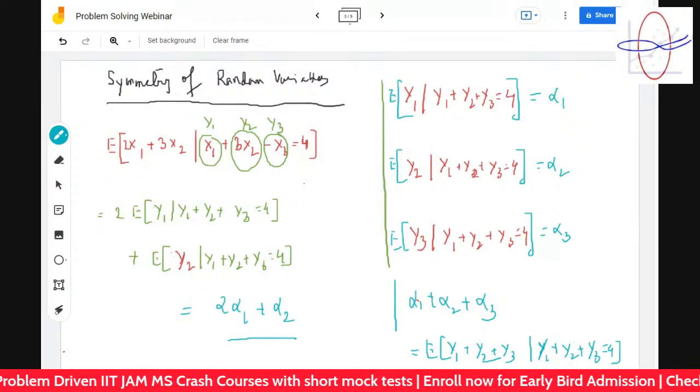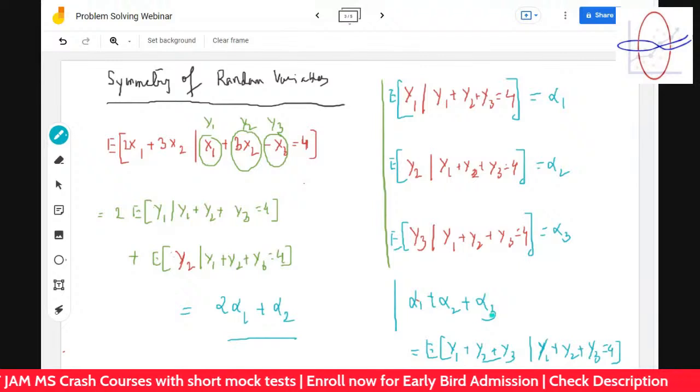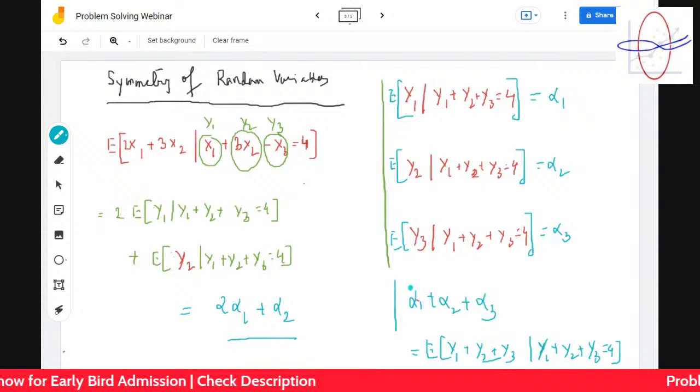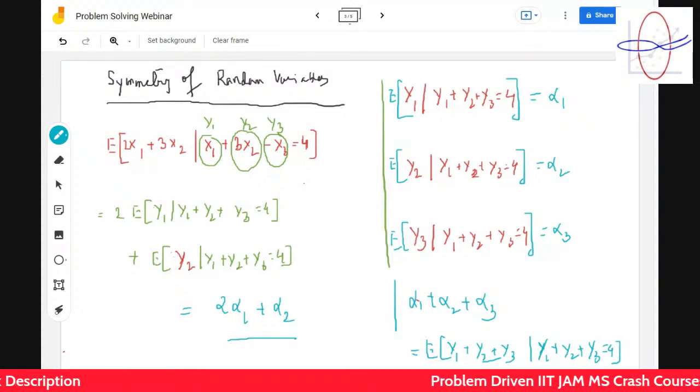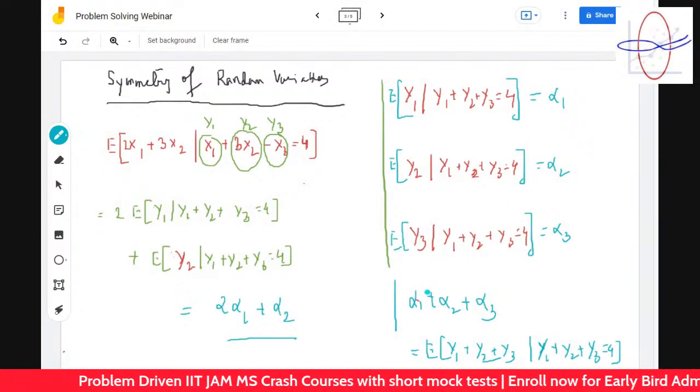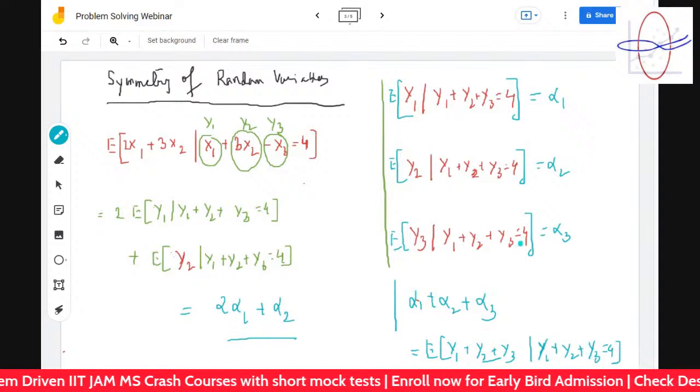Why is symmetry coming up? The symmetry has not come up literally as of now. The symmetry is in the expectation. If you do alpha 1 plus alpha 2 plus alpha 3 and use the additive property, you get expectation of y1 plus y2 plus y3 given y1 plus y2 plus y3 is equal to 4.